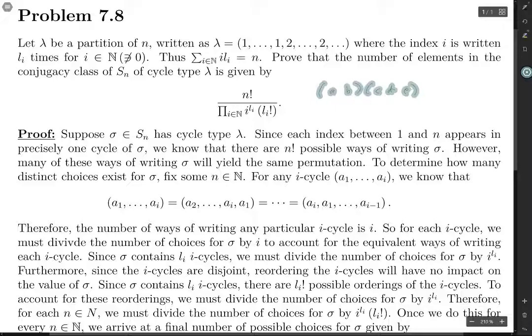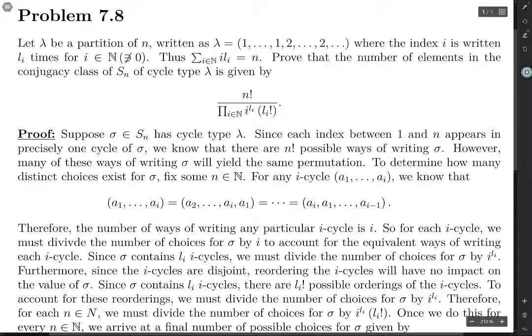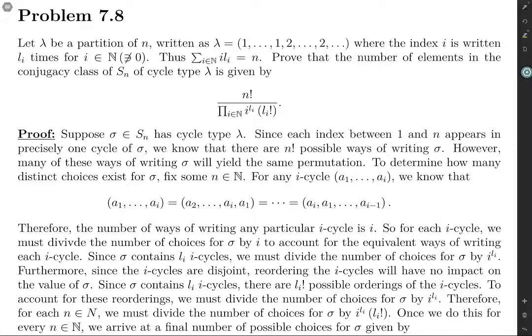Anyways, let's suppose that we have some element sigma of Sn and its cycle type is lambda. Each index between 1 and n is going to appear in exactly one cycle of sigma because we are assuming that we have written it as a product of disjoint cycles.